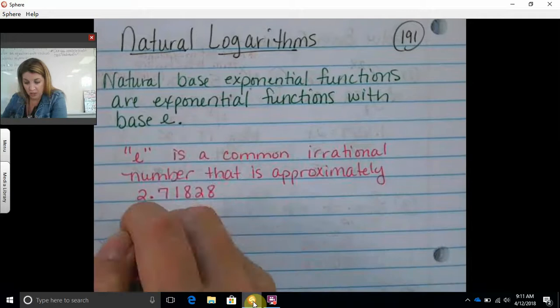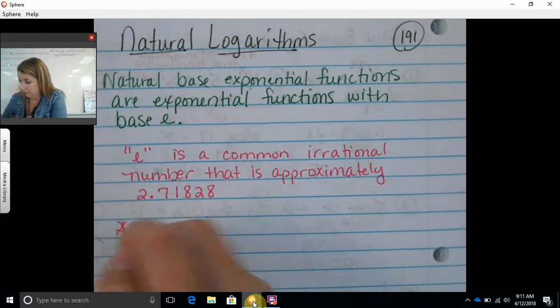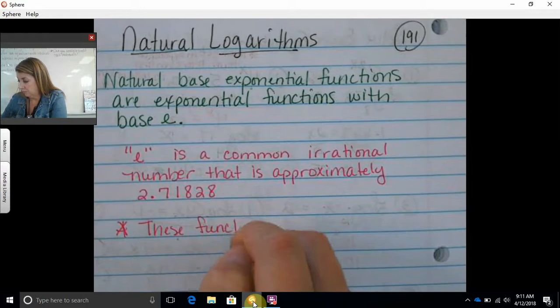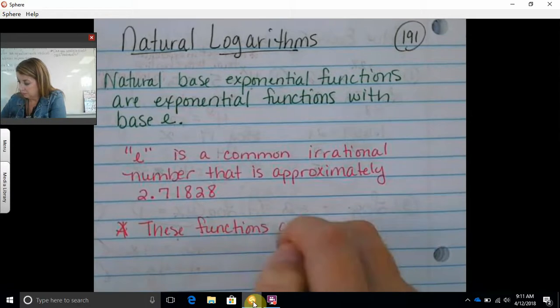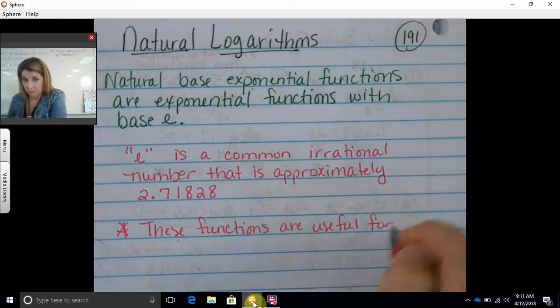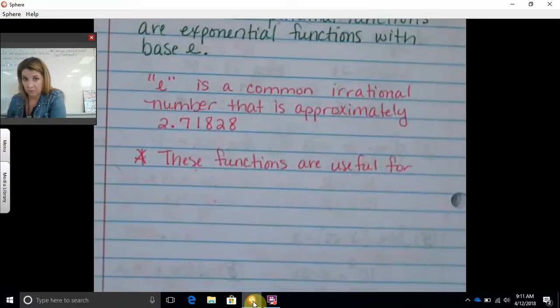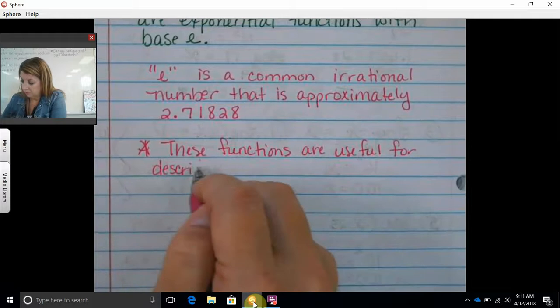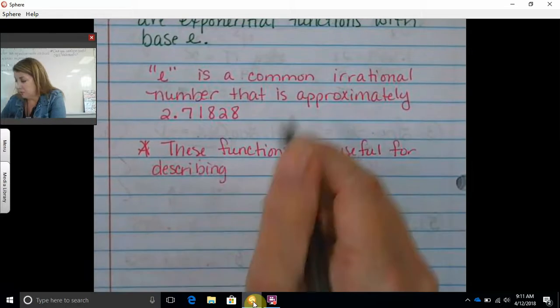These functions are useful for describing continuous growth or decay.